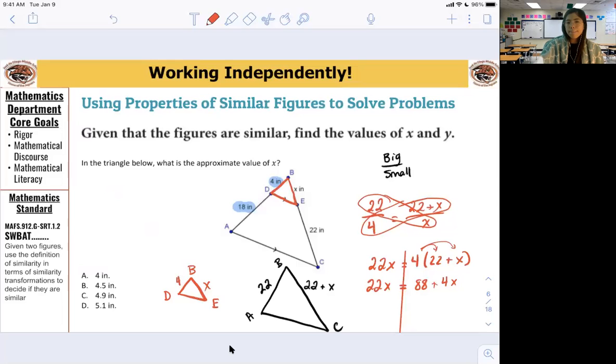So when I subtract 4X from both sides, I got 18X equals 88. Divide both sides by 18. 88 divided by 18, you said you got 4.88. What does that round to? 4.9. Good. C is our answer.